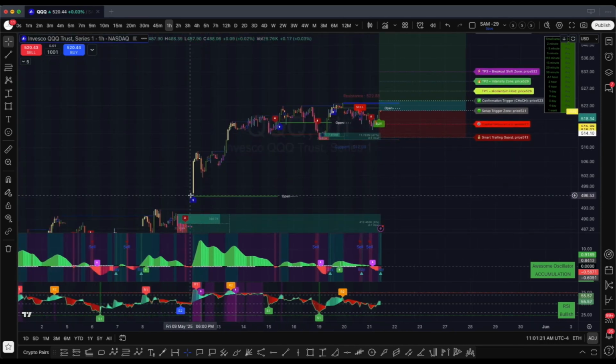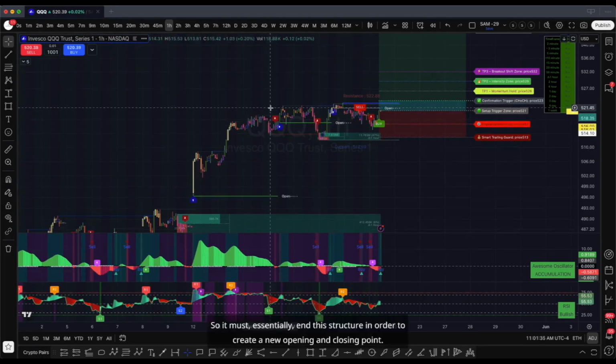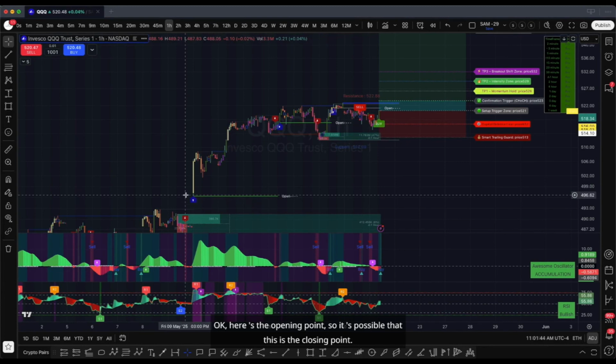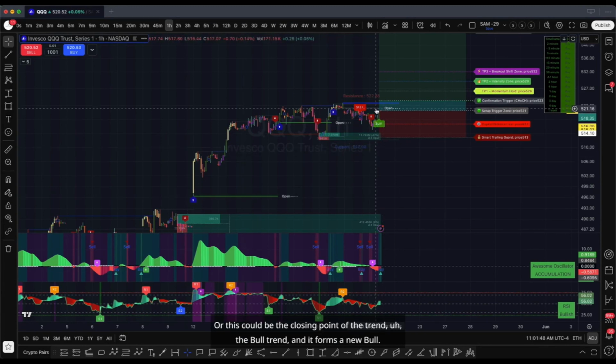The open point is down here, right? After that, it moves up here, and so it must essentially end the structure in order to create a new opening and closing point. Then it is likely that this is the closing point. Okay, here's the opening point, so it's possible that this is the closing point, or this could be the closing point of the trend, the bull trend, and it forms a new bull.